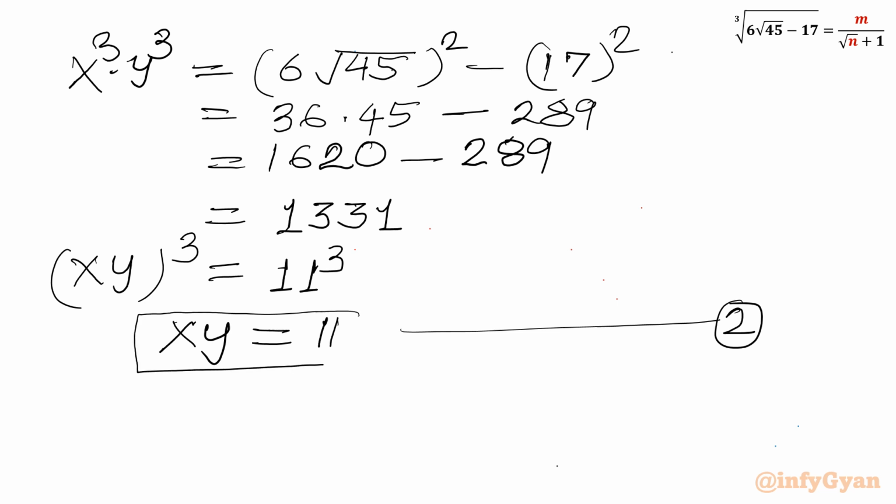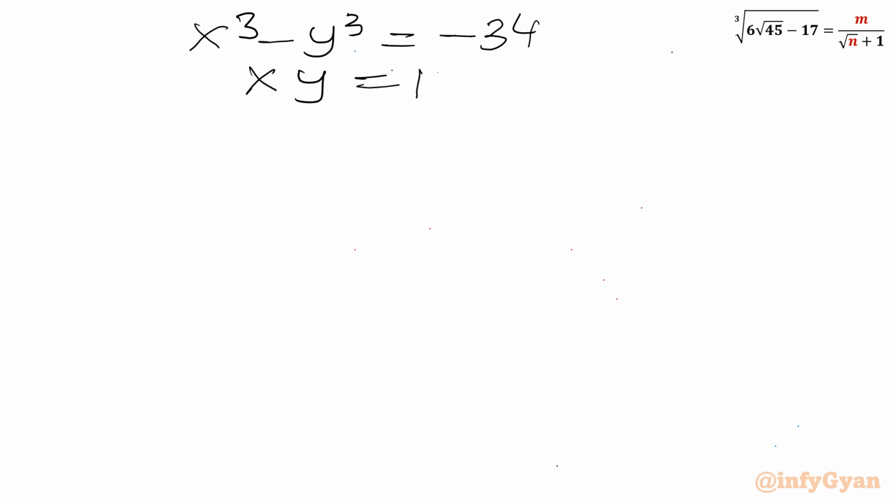Now we have one new setup of two equations. Equation number 1, x cube minus y cube equals minus 34. Equation number 2, xy equal to 11. This is our new system. So let us begin with first equation. X cube minus y cube equal to negative 34.